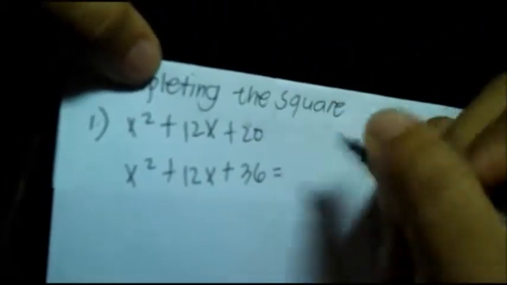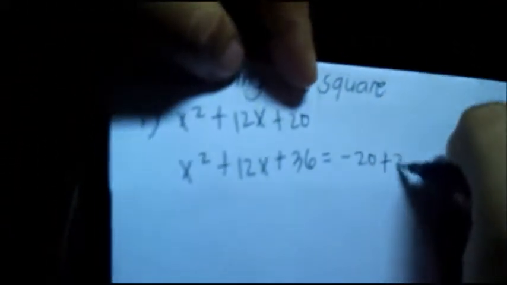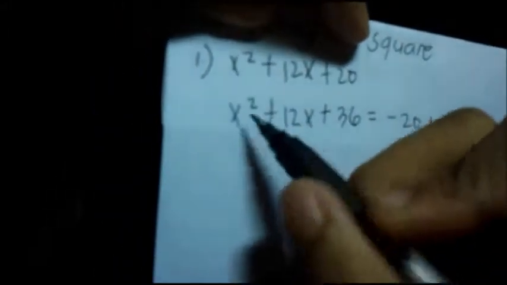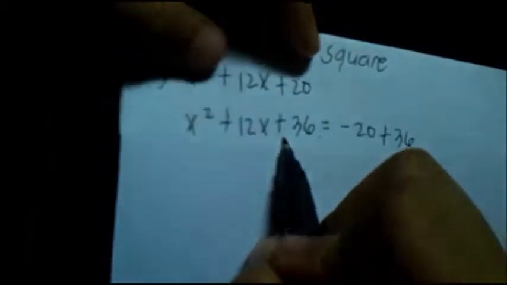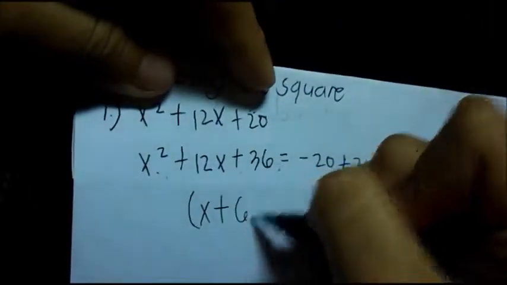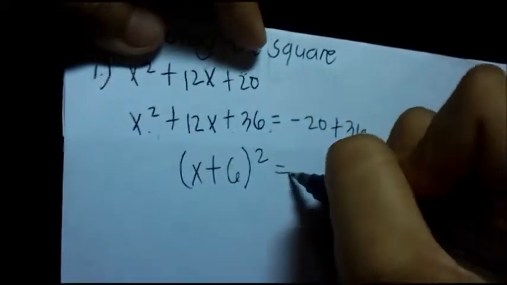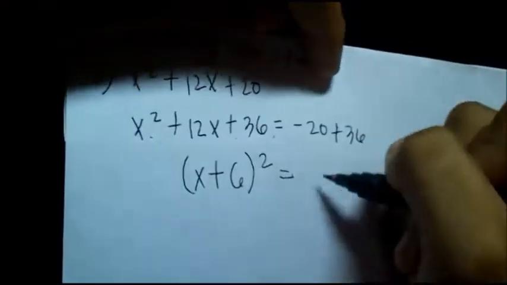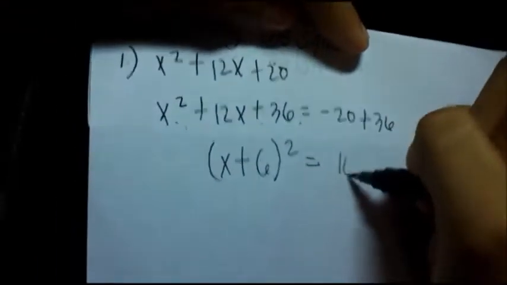Then transpose this one, so negative 20, plus also on this side 36. So let's factor this equation, the factor is x plus 6 squared, then equals negative 20 plus 36 is 16.